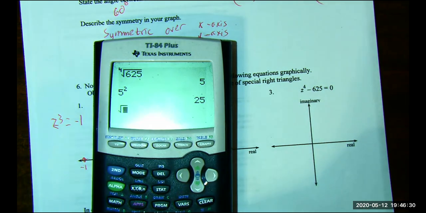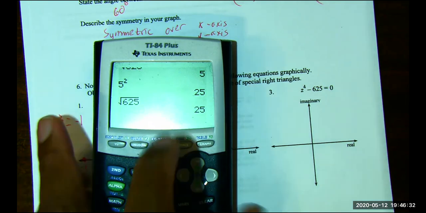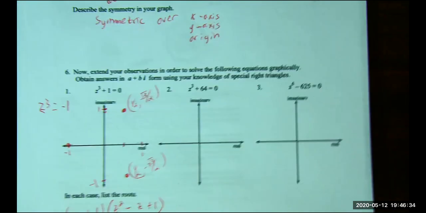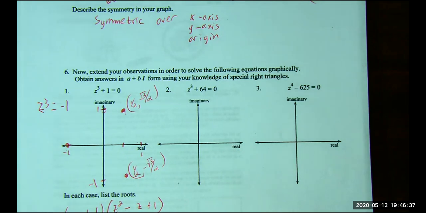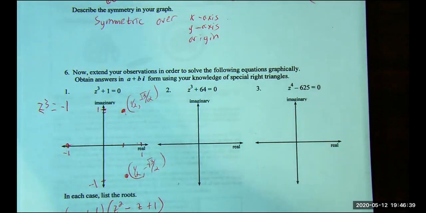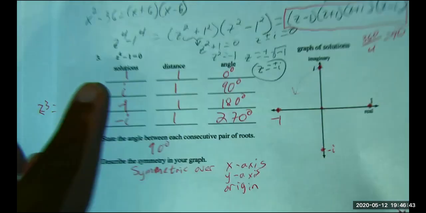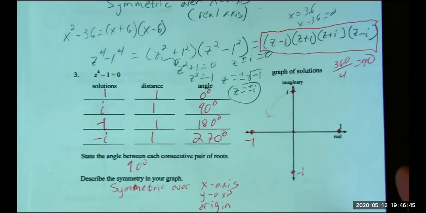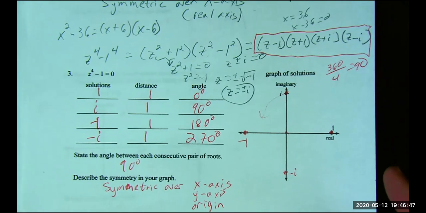Let's do the square root of 625. We get 25. So I'm going to solve this the same way we solved before. Again, this is why you take notes and you look back. I'm going to solve it pretty much the same way I solved this, except I'm going to deal with 5 and 25 and all those guys instead of just 1.